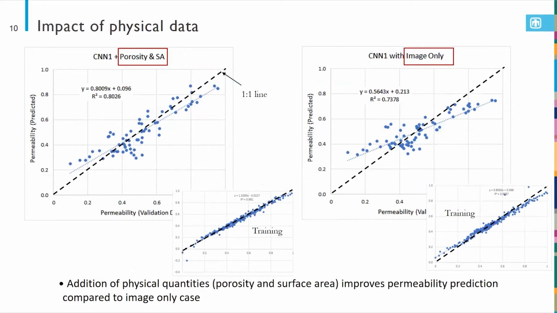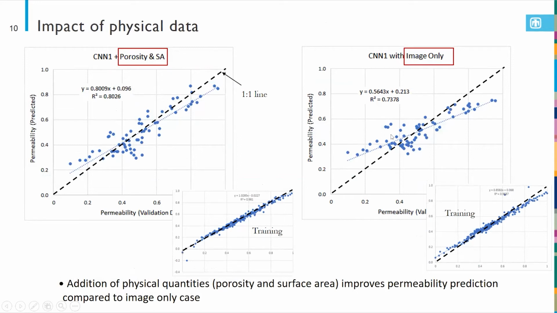And this slide is showing a comparison between the result with porosity and surface area as additional physics data and the image-only result. Apparently, the impact of physical data improved the model prediction quite well. The black line represents the one-to-one perfect line.